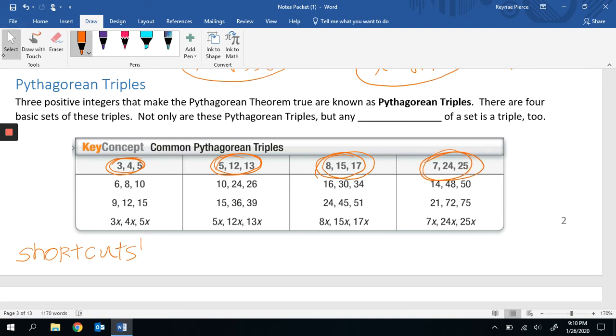So if I take the 3, 4, 5 triple here, that just means that 3 squared plus 4 squared equals 5 squared. And those 3 numbers represent the side lengths of my triangle. 3 and 4 are the legs. 5 is my hypotenuse.